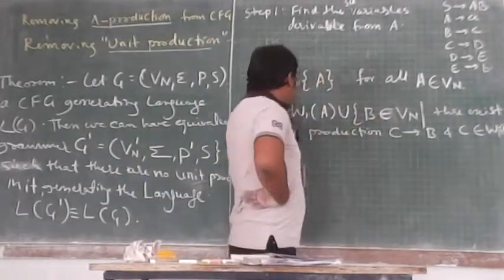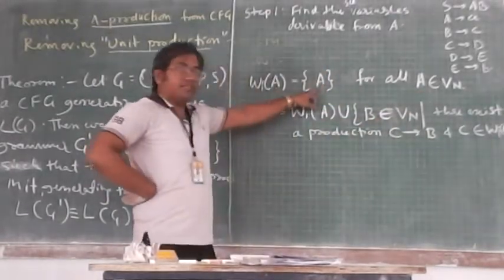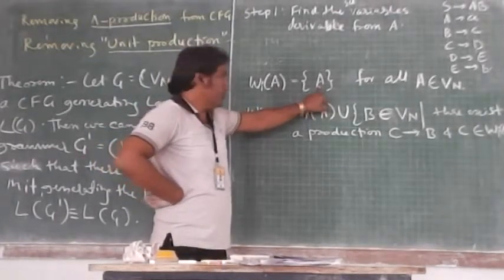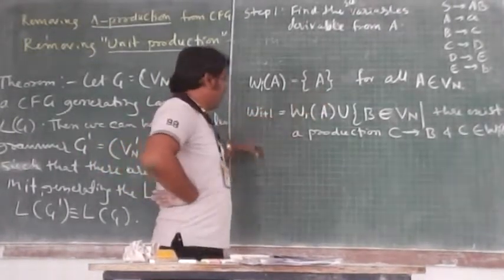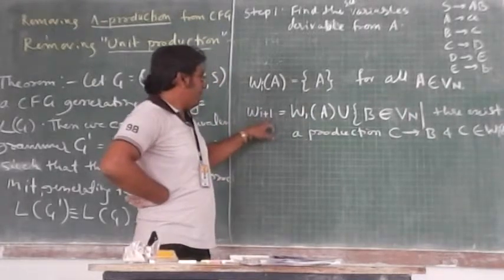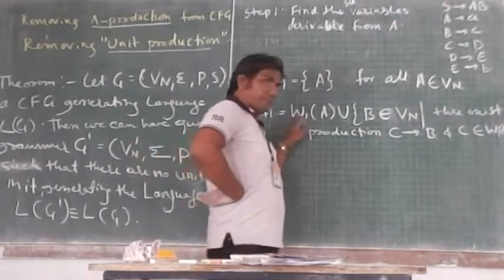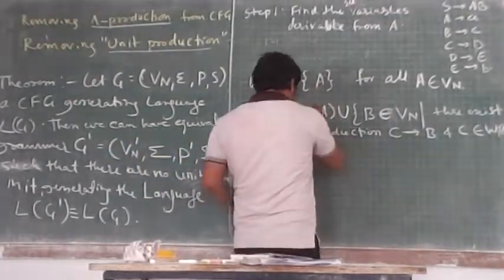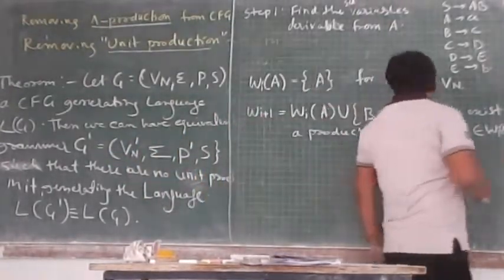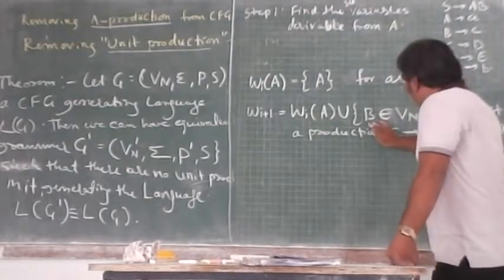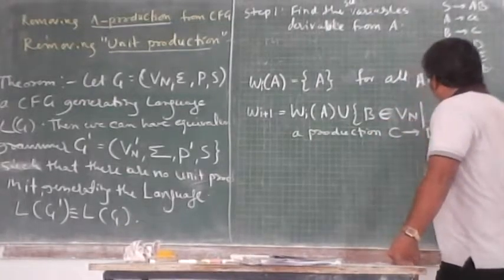Select one variable and start with it, and consider that it is included in that set. W i plus 1 I am calculating, and that is equal to the previous W i union the new variable I am introducing, which belongs to Vn.